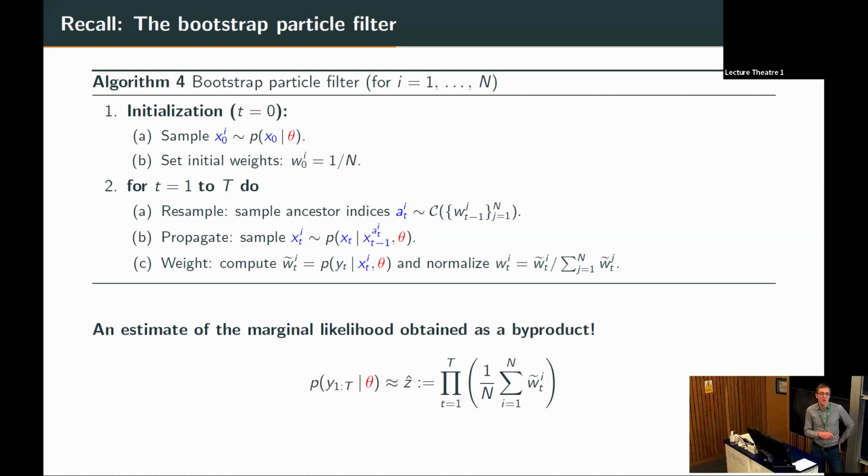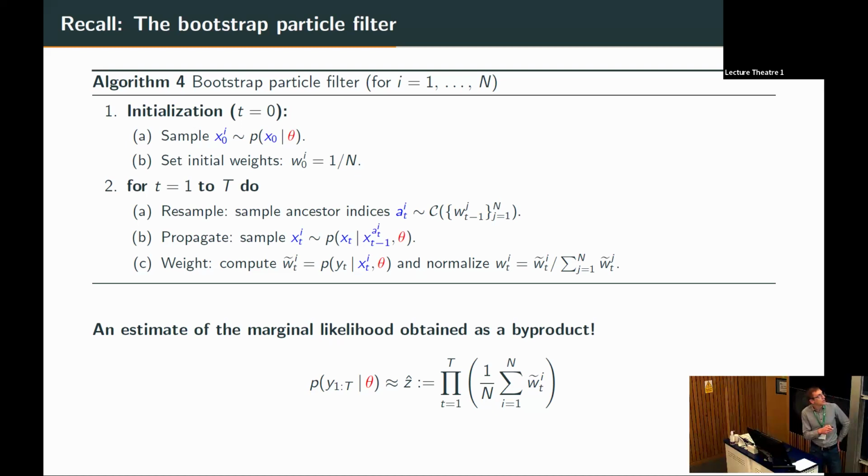I will do all the derivations in this lecture with the bootstrap particle filter, but everything that I say about particle MCMC can be generalized to any valid SMC algorithm. It's not restricted to this, it's just for convenience. So we look at the bootstrap particle filter. It essentially consists of sampling, resampling, and weighting steps.